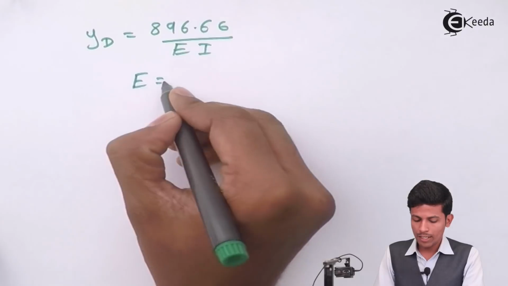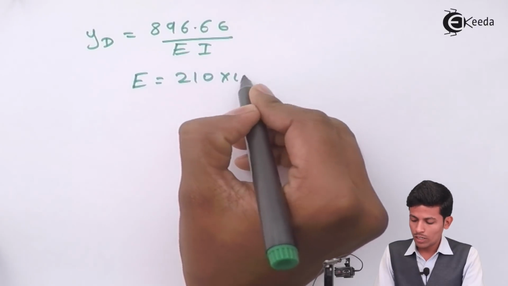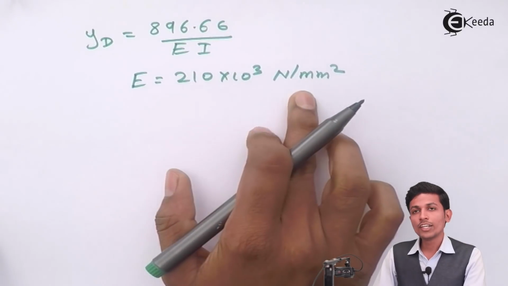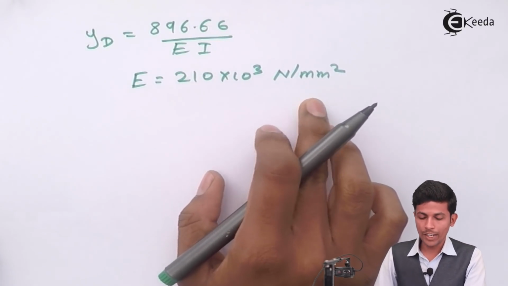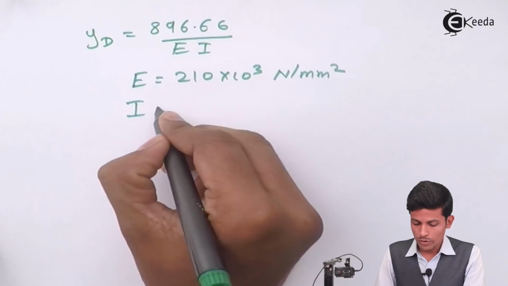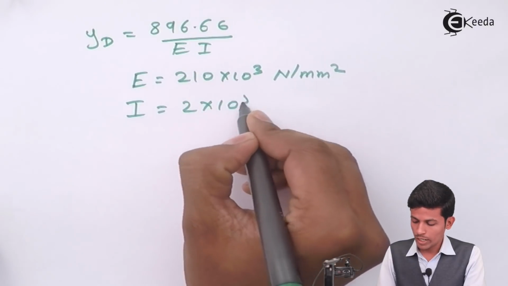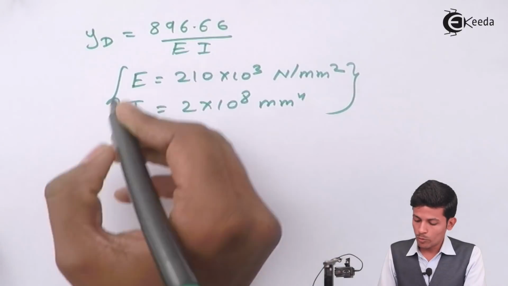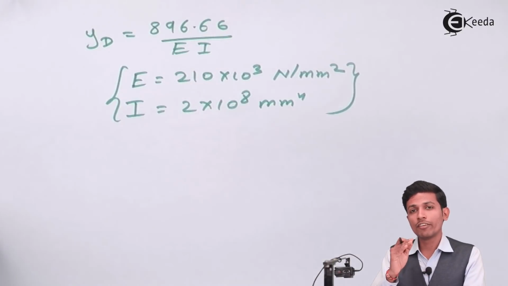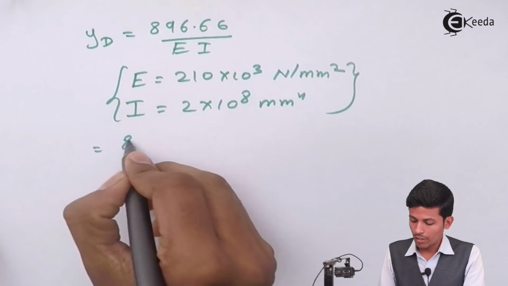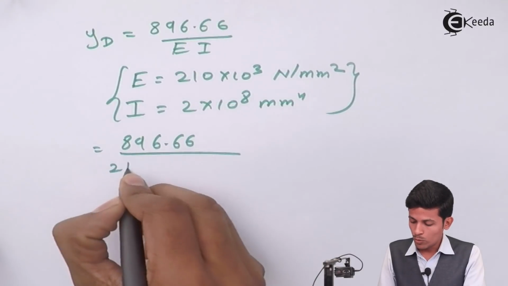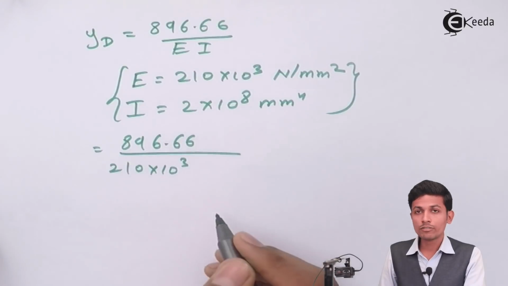Now we have to put the value of E and I. Your E value will be given as 210 into 10 raised to 3 Newton per mm square. Convert this into kilonewton per meter square. Now the I value will be 2 into 10 raised to 8 mm raised to 4. Simply put the value over here, convert and then put the value. I am converting directly. As you all know, E will be 210 into 10 raised to 3 Newton.